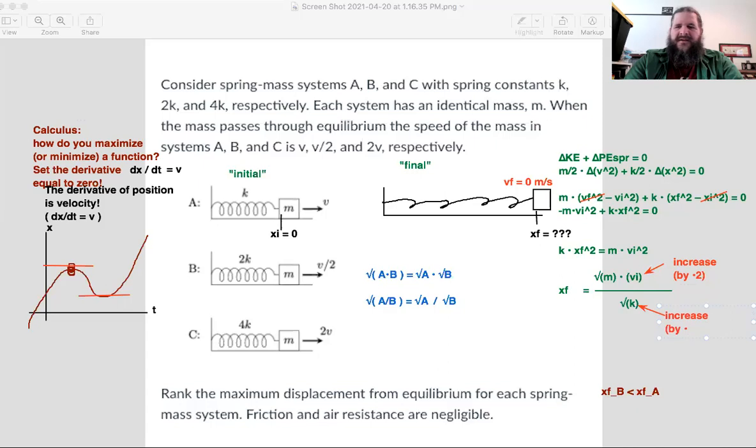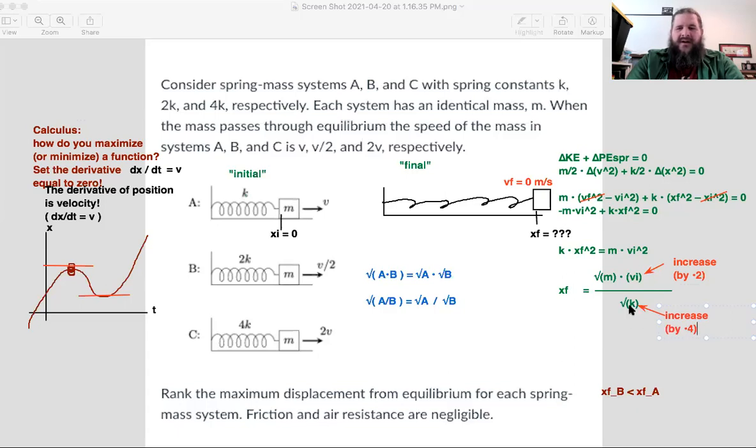What's the multiplier there? From k to 4k, it looks like we've got an increase of times 4. So k is increasing by a factor of 4. It's getting 4 times as big as it was in situation A.